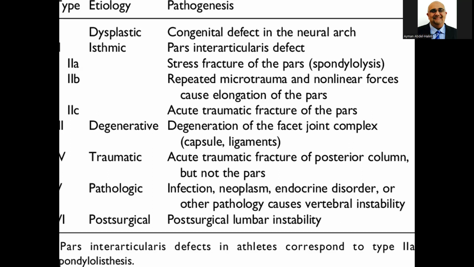Then we have the degenerative form, which is degeneration of the facet joint complex, or it could be traumatic, with a traumatic fracture of the posterior column, but not the pars. Pathologic could be an infection, neoplasm, endocrine disorder, or post-surgical, for example, post-surgical lumbar instability.